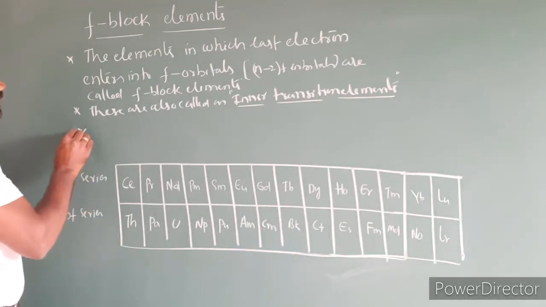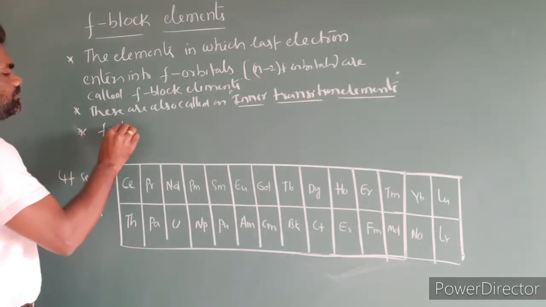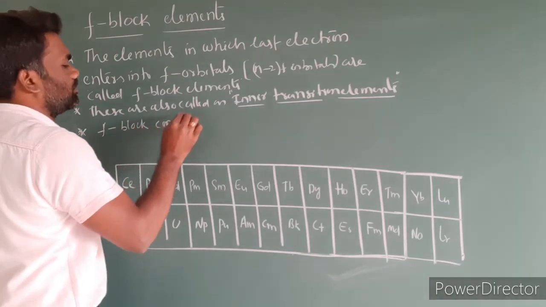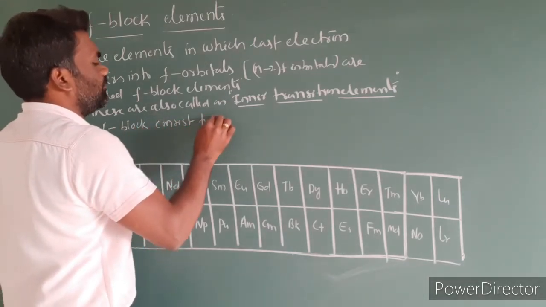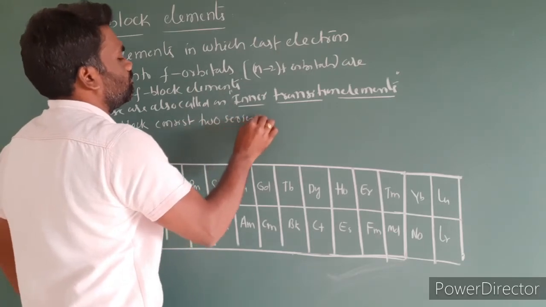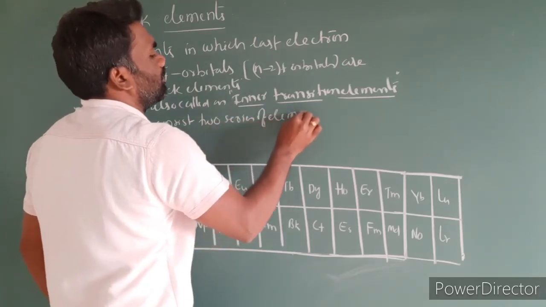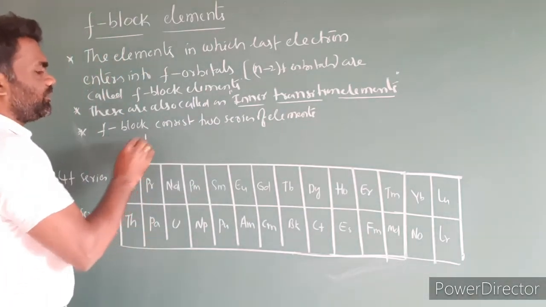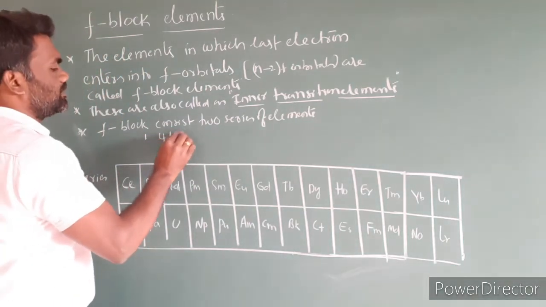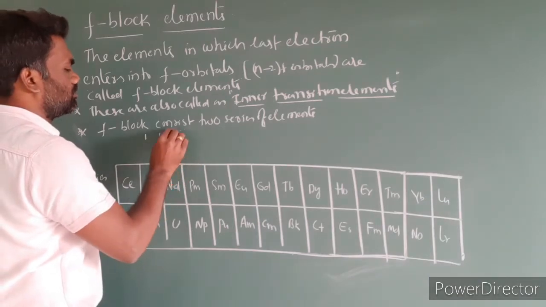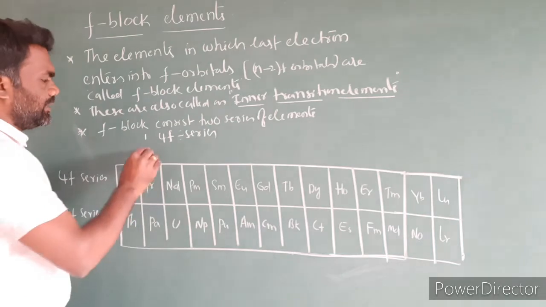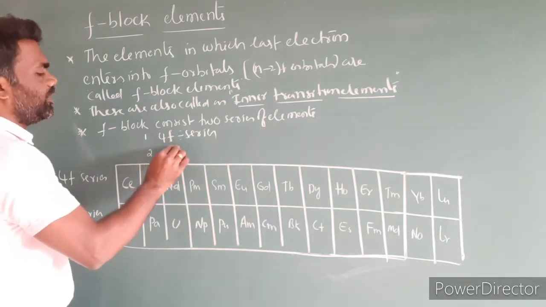F block consists of two series of elements. The first one is the 4F series and the second one is the 5F series.